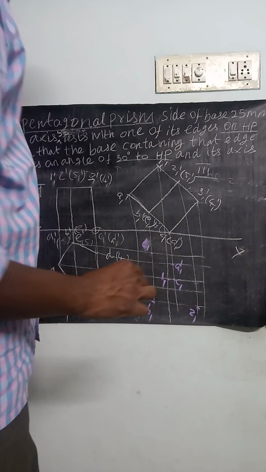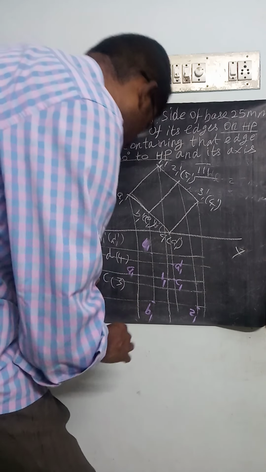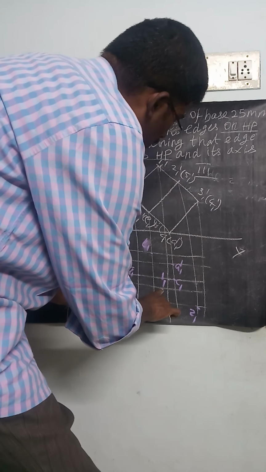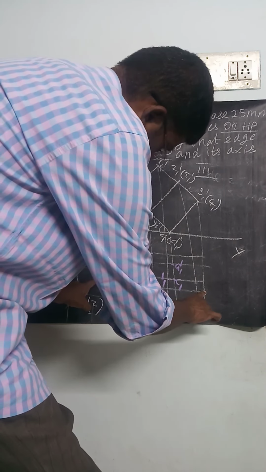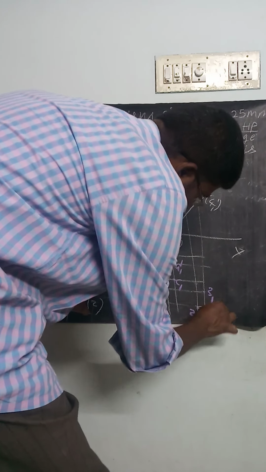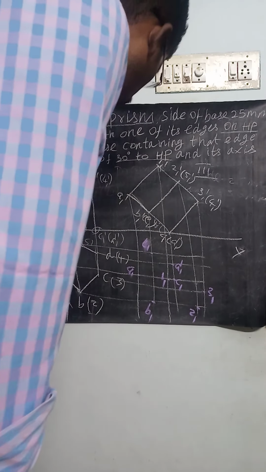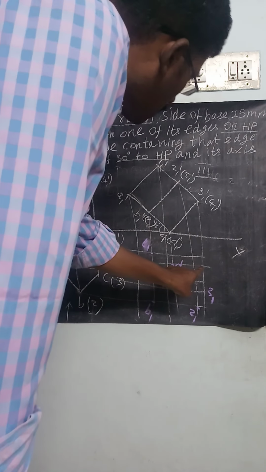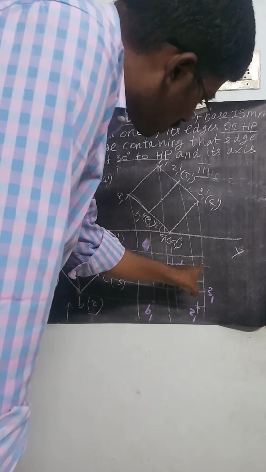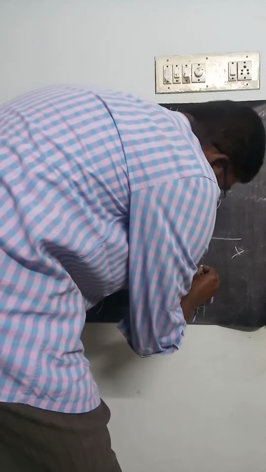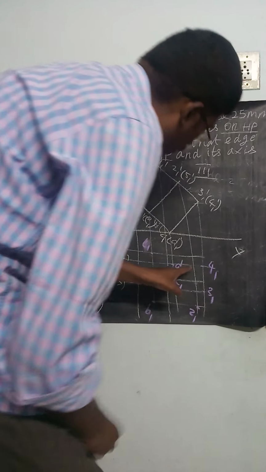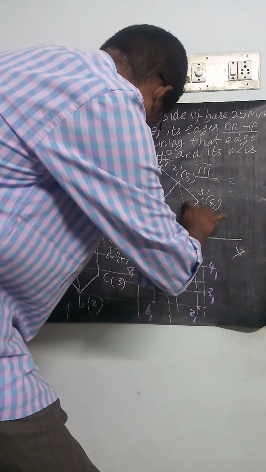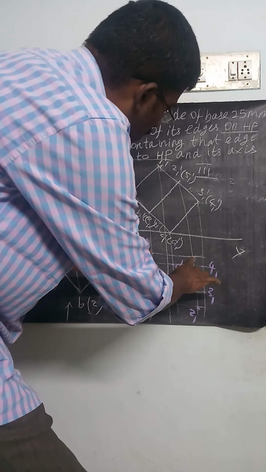Next 3, this one 3 1. Next 4 1, this one 4 1. Last 5 1, this one 5 1.